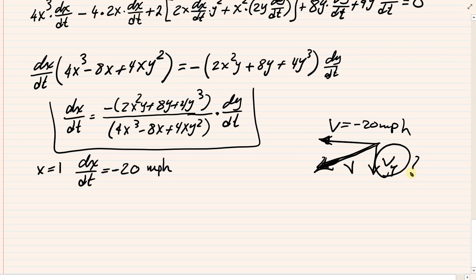So let's plug them in and we're going to get our dy/dt. I know I solved for dx/dt, but that's okay. We're going to plug in the numbers anyhow. I should have isolated that, but that's no biggie.